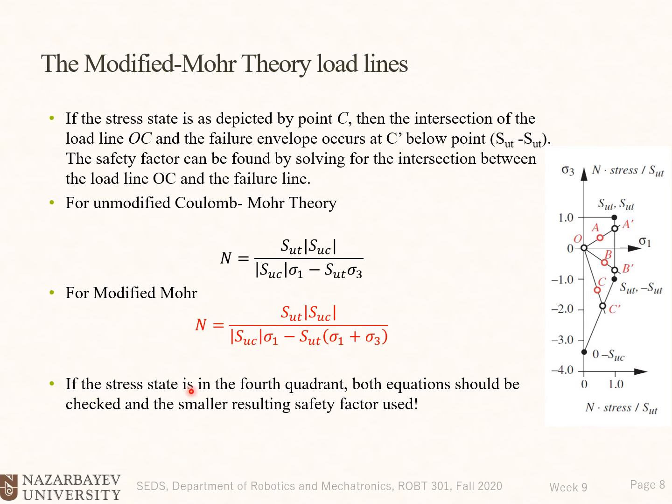If the stress state is in the fourth quadrant, both equations should be checked and the smaller resulting safety factor used. So if it is difficult to plot this figure, you could use both formulas, this one and the other one, which is SUT divided by sigma 1, calculate both safety factors, and then go for the smallest one.